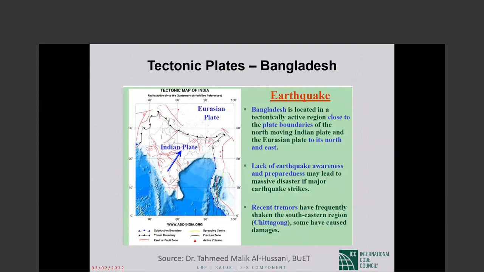Now, getting specifically down to Bangladesh, Bangladesh is located in a tectonically active region close to the plate boundaries of the north moving Indian plate and the Eurasian plate to its north and east. This whole thing is Eurasian plate. Okay? So the Indian plate is moving north-northeast. The Eurasian plate is to the north and east of the Indian plate.